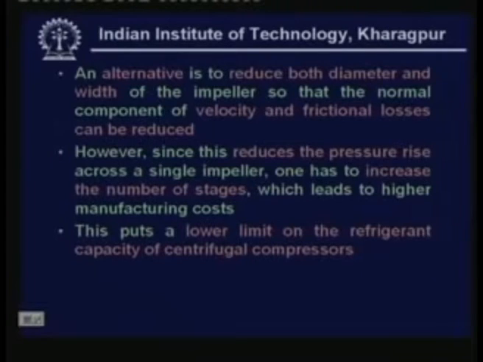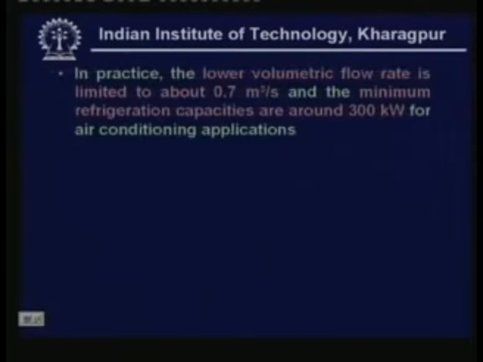Thus you find that for a centrifugal compressor, a lower limit is there on the refrigerant capacity. Okay. And in practice, the lower volumetric flow rate is limited to about 0.7 meter cube per second, and the minimum refrigeration capacities are around 300 kilowatt for air conditioning application.